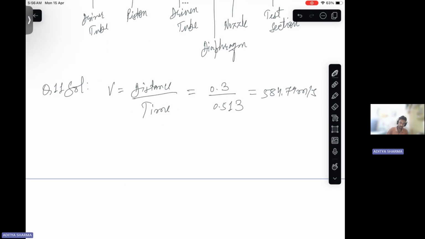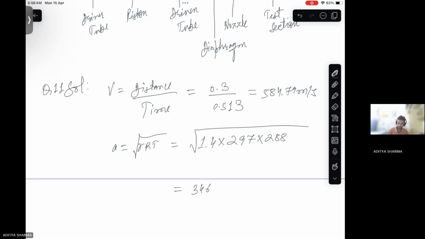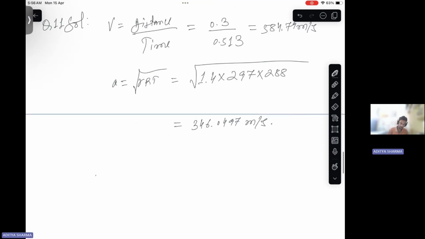And because the temperature given is 288 Kelvin, if you calculate the speed of sound, this comes out as 346.04 meter per second. Now we know that Mach number is velocity by speed of sound.